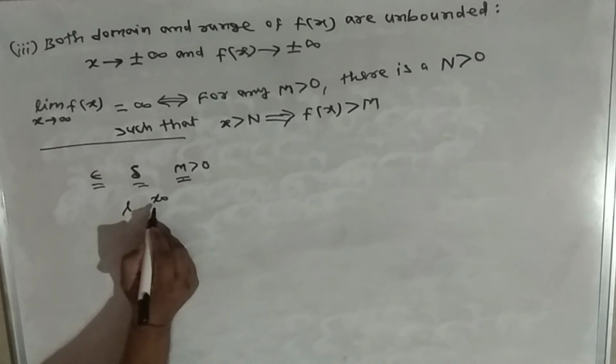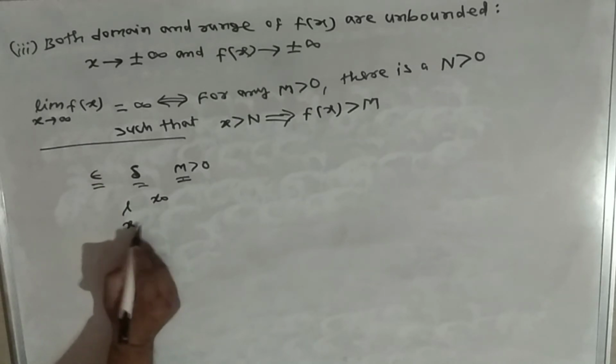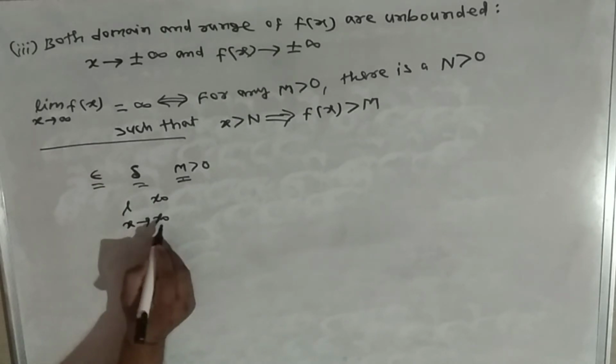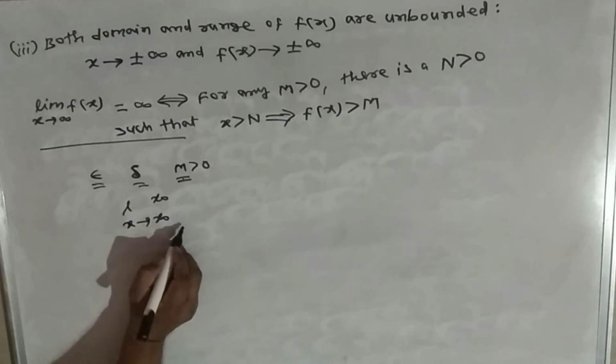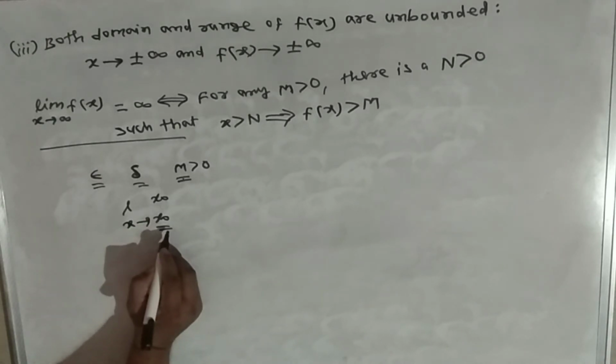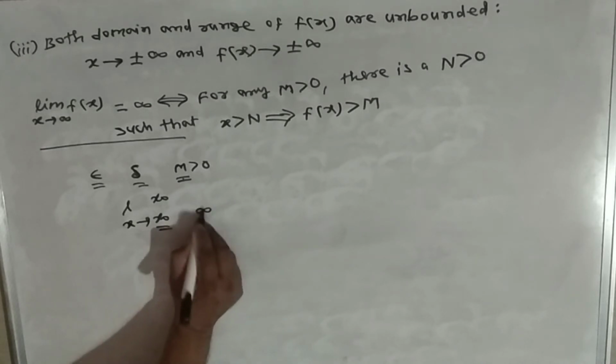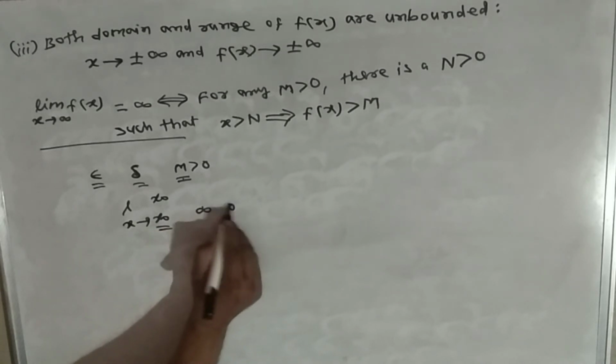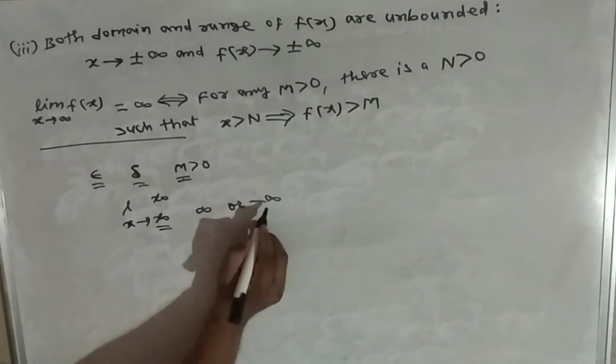Here the domain is unbounded, and thus in x tends to infinity, this plays the role of x0.